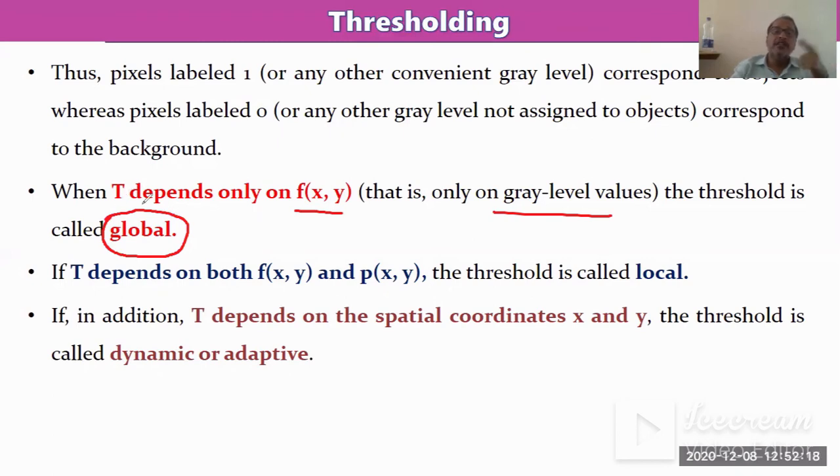When T, that is T of x,y, f(x,y), p(x,y), depends only on f(x,y), the gray level, such an operation is called a global processing operation. Where T depends on f(x,y) and p(x,y), it is called local thresholding. That means the value depends on some other property, a predefined criterion, that is p(x,y).